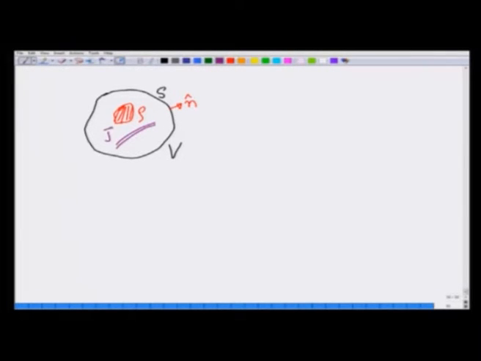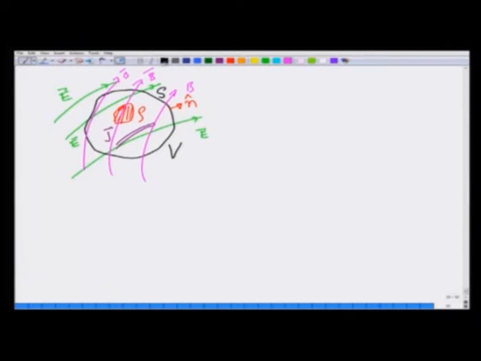Let an electromagnetic field exist around it, so that we have E field and B field in this region.